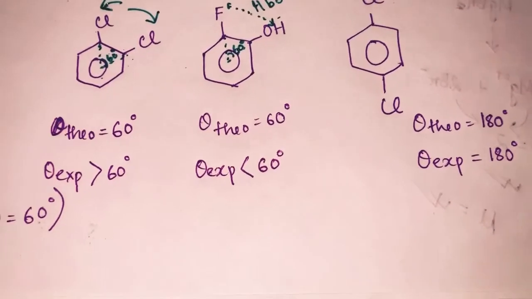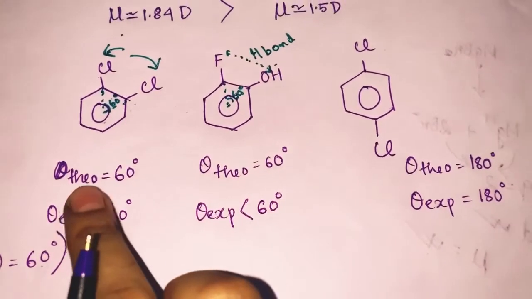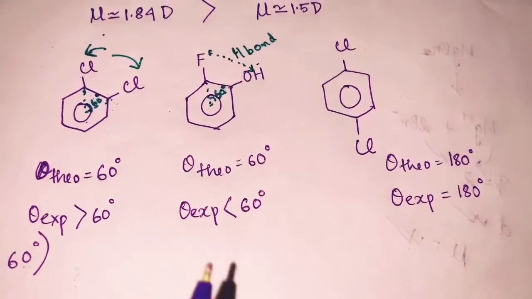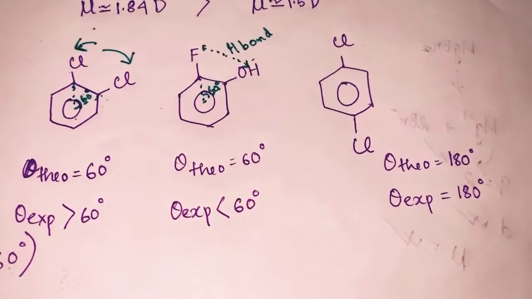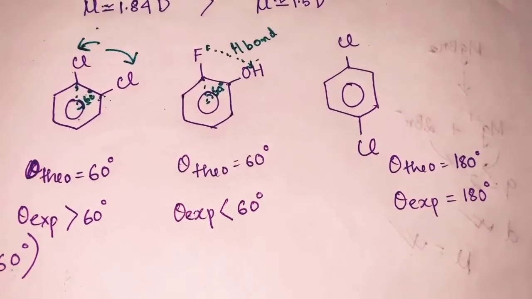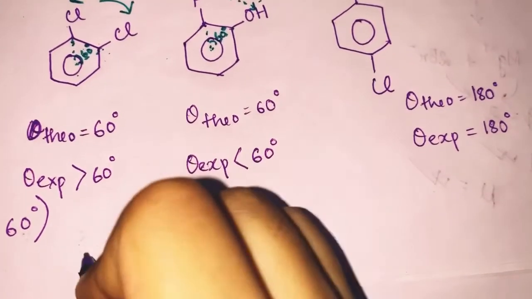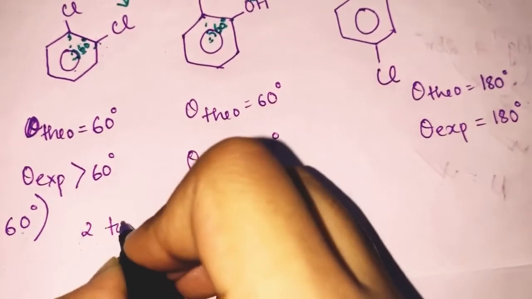Since there is a difference in the theta theoretical and theta experimental, there will be a difference in the dipole moment experimental and dipole moment theoretical. So from here we come to know about two types of dipole moments.